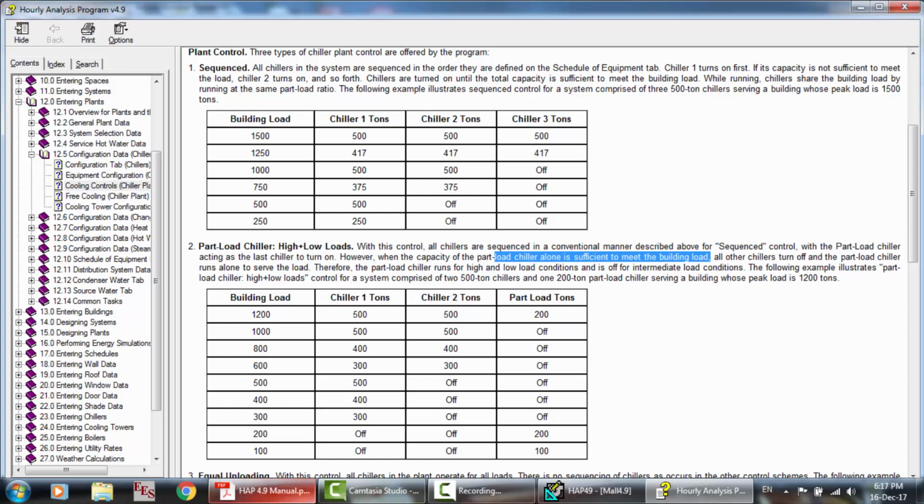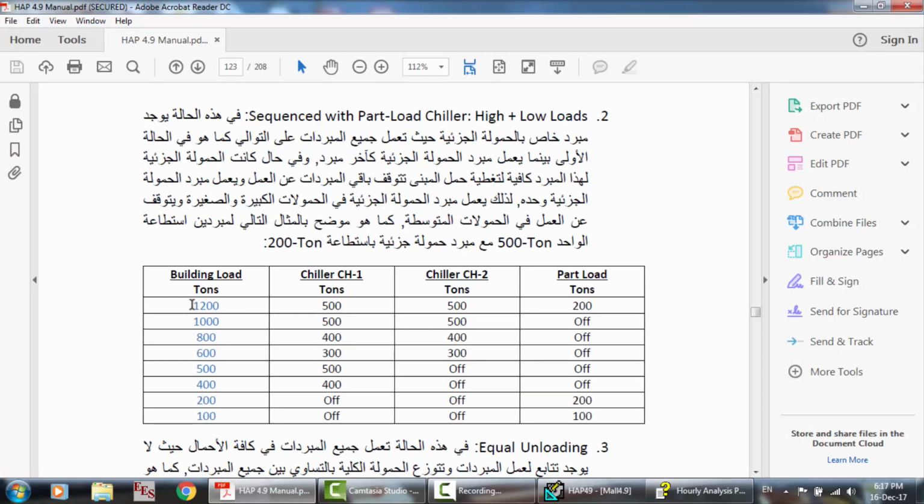So like this example, if we have here the total, 500, 500, and this is the part load, all of them must run to meet the peak or the total.